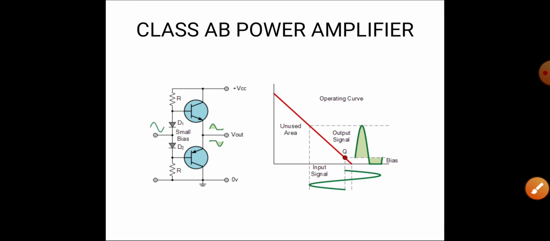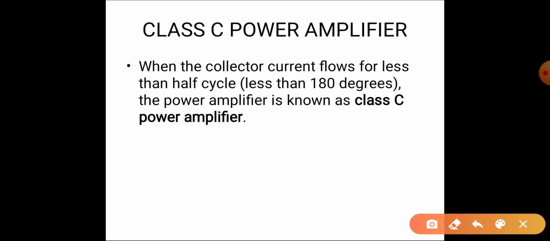And next, last but not least, is the class C power amplifier. In the class C power amplifier, the collector current flows for less than a half cycle. Means less than 180 degrees, maybe 170 degrees or 160, 90 degrees, 70 degrees, anything you can take, but the conduction angle is less than 180 degrees.